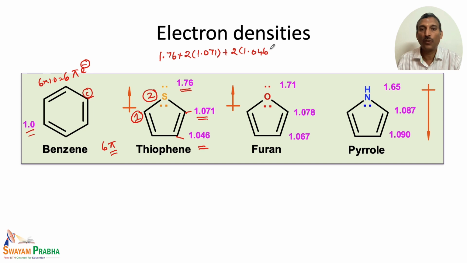1.046. So if we multiply these values, 2 into this value is 2.092, and when we multiply the other one, this is going to be 2.142. Then we have 1.76. So if we add these numbers, what we are going to get is actually going to be 6.0.